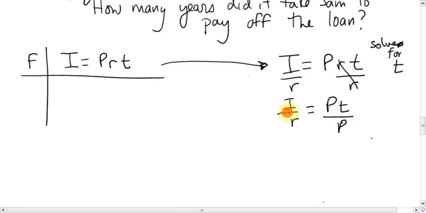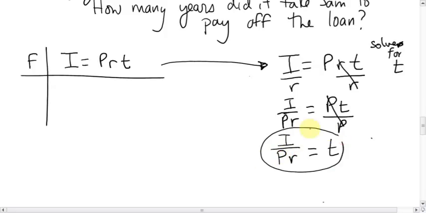So now underneath we got more people down there, another P joining the R. The P's cancel out, and you're left with time, T, is equal to this: interest over principal times the rate. That is our rearranged formula.